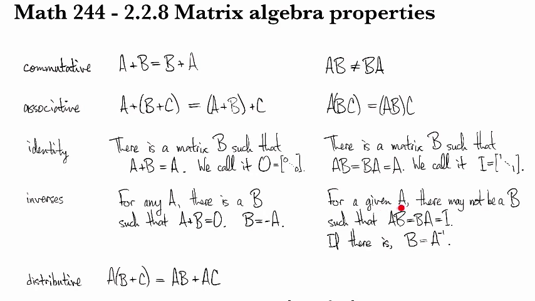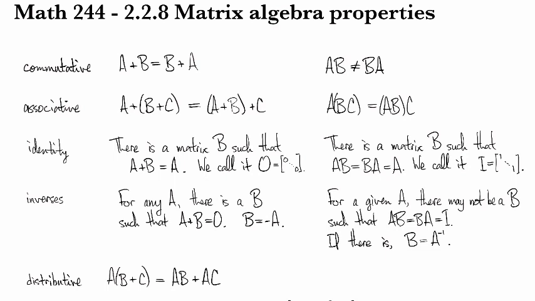For a given A, there may or may not be a B that you can multiply it by such that AB and BA are both equal to I. If there is such a matrix, then we say that A is invertible, and we call B the inverse of A, and we write it like this, A to the minus 1. But it doesn't necessarily always exist.